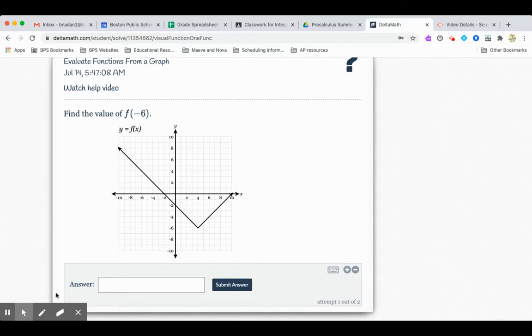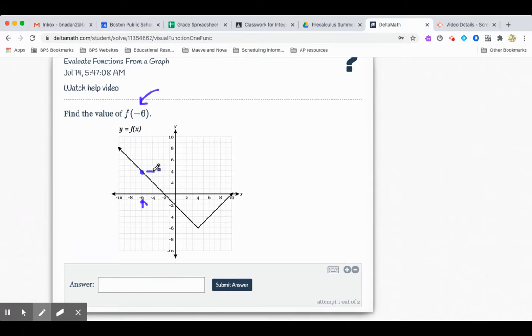But the one they're looking for: when the input is -6, what is the output? That is the value of f of -6. Here, this is the input. To figure out the output, I just need to figure out the y value at that particular location.